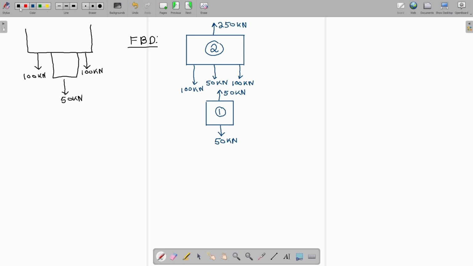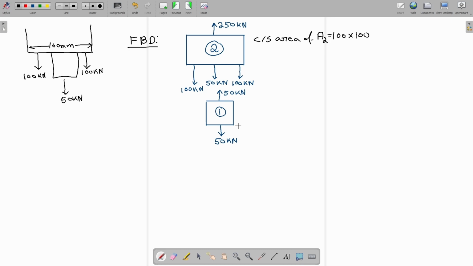Now what is given here is the cross-sectional area. The cross-sectional measurement is already given to us, that is, this one is 100 millimeter. So therefore we can write the cross-sectional area of body 2 as A2, which is 100 into 100.